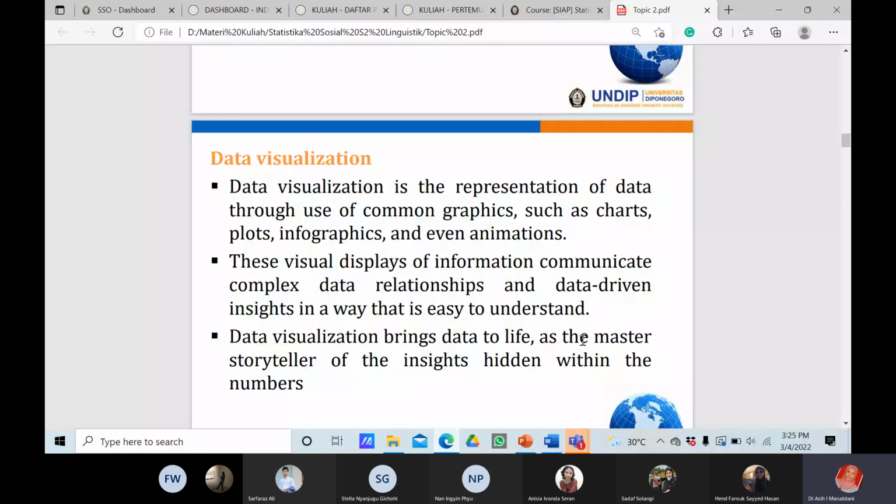To do data management and visualization, I think you are all familiar with Excel, the simple software to produce tables, graphs, and charts.